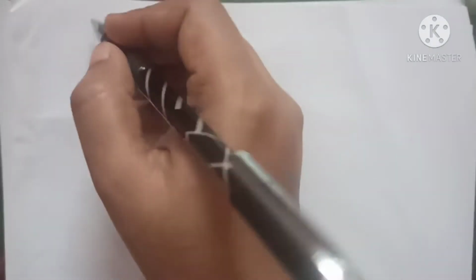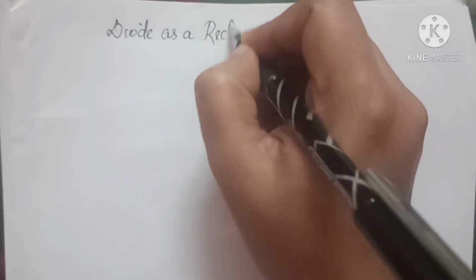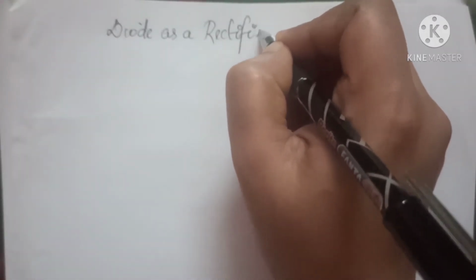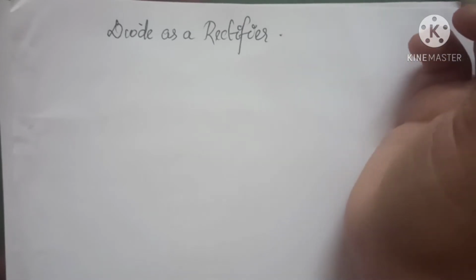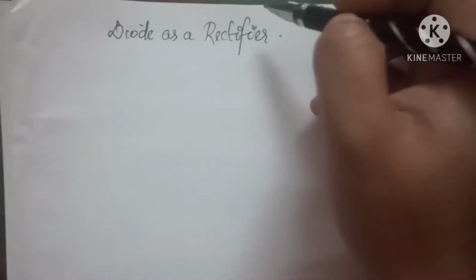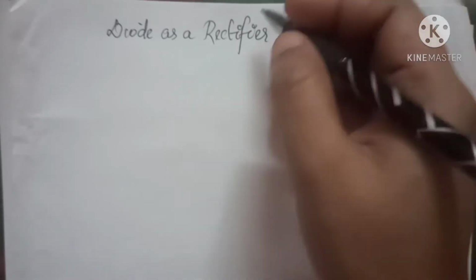So now we are moving to the next topic, one of the important topics, that is diode as a rectifier. Okay, so diode has various applications and diode can be used in the form of a rectifier. Now what is this rectifier?